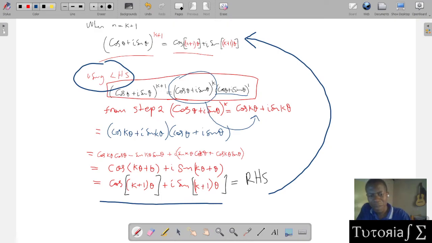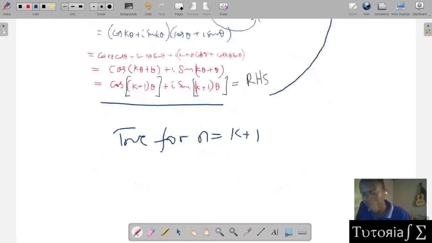So we say true. We can conclude that the statement is true for n equals k plus 1 simply because we are able to produce the right hand side using the left hand side.